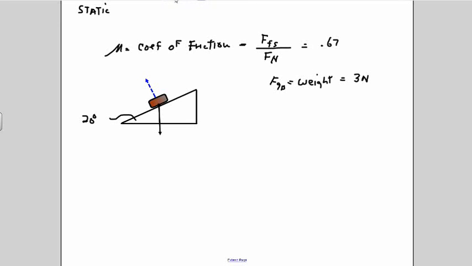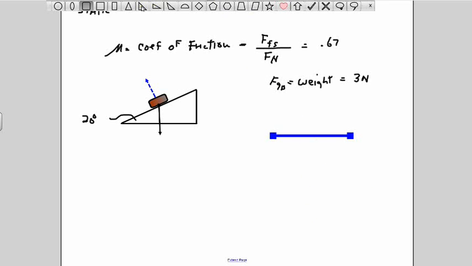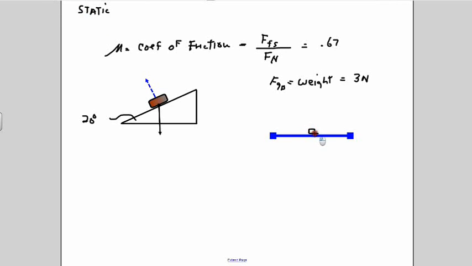Let's take a ruler, and let's pretend that I have this ruler like so, and I have a block on it. There's the block.